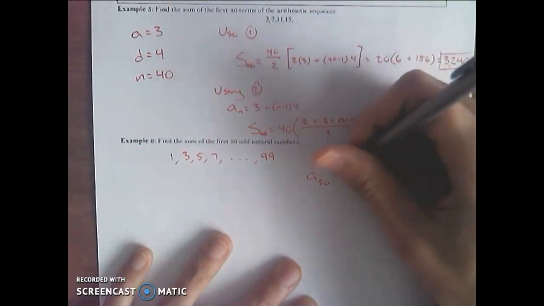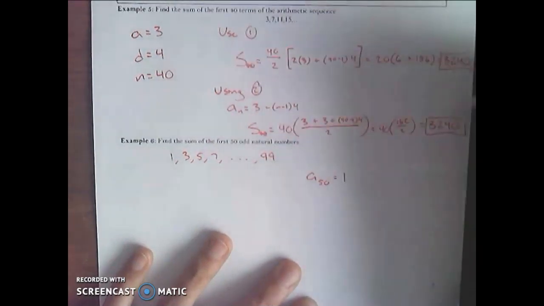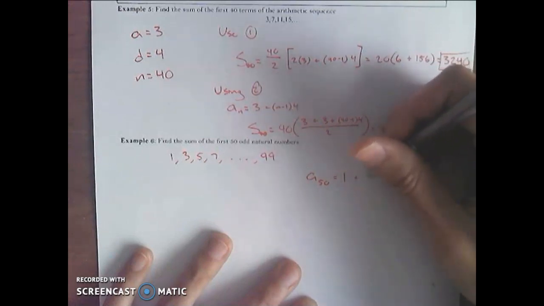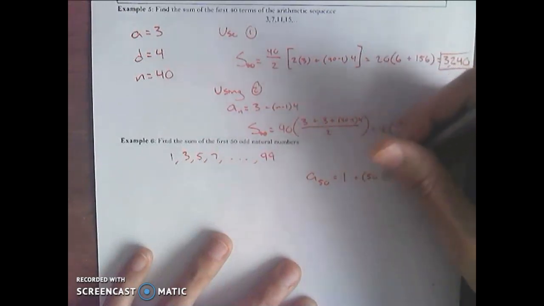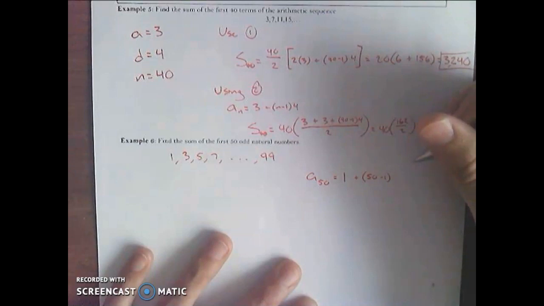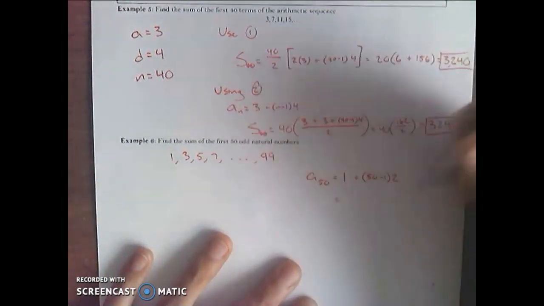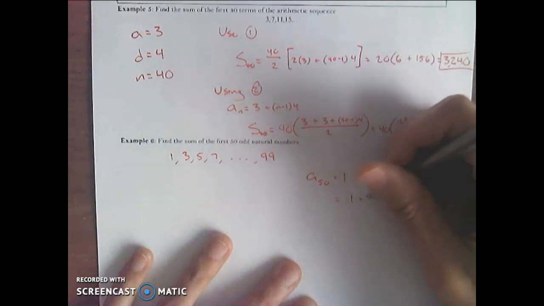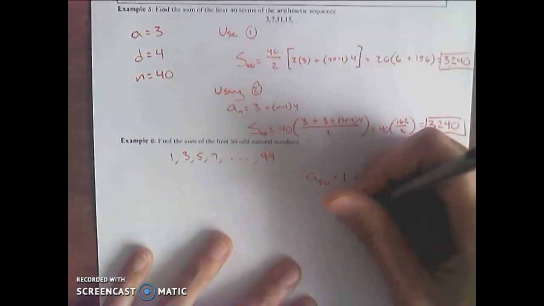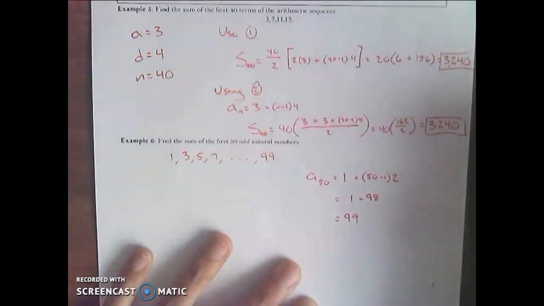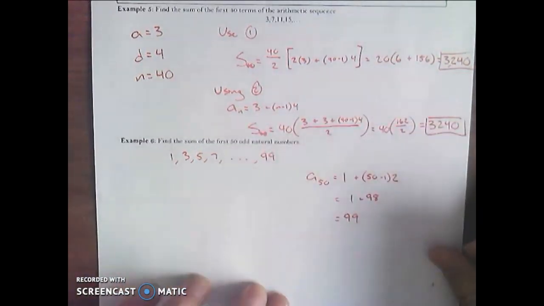So we have our initial term is 1 plus n, which is 50 minus 1, times the common difference. We're going up 2 every time. When we evaluate this, we get 1 plus 98, which is 99. So that's another way that we could find the 50th odd natural number.